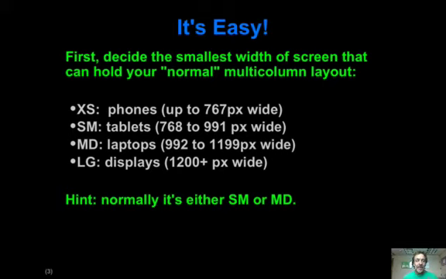So you'll pick small if tablets and bigger will fit your multi-column layout, and MD if laptops or bigger will fit your layout. That's the key thing. And really generally, it's probably going to be small.